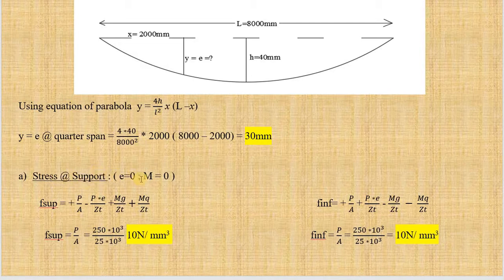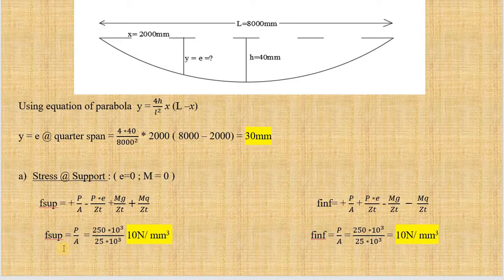E equal to 0, M equal to 0. Eccentricity at this point is 0, moment at this point is 0. Next, for F superior, meaning the top, we have a standard formula, and for F inferior, meaning stresses at the bottom, we also have a standard formula.